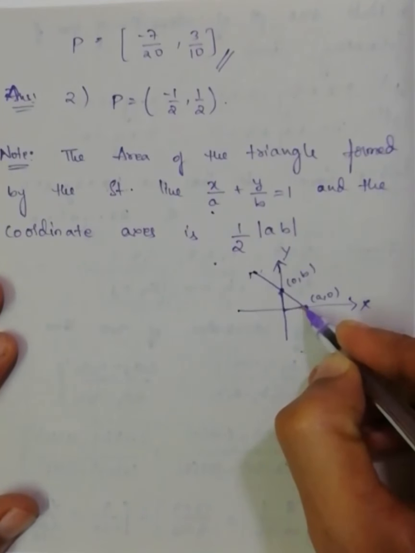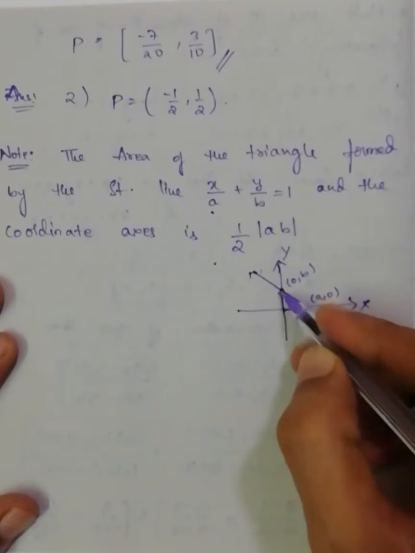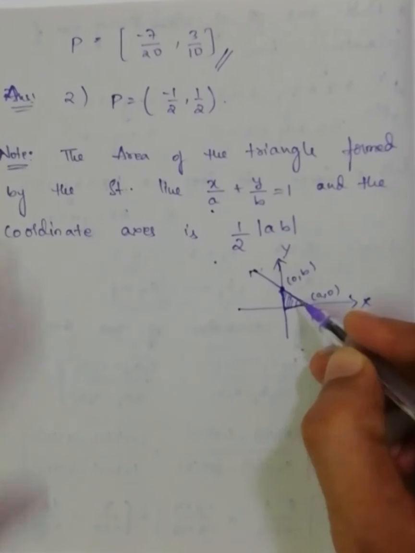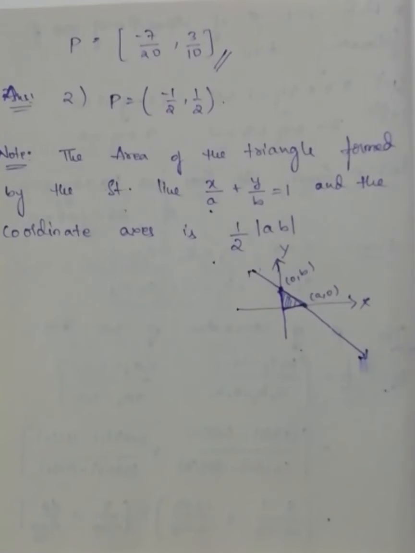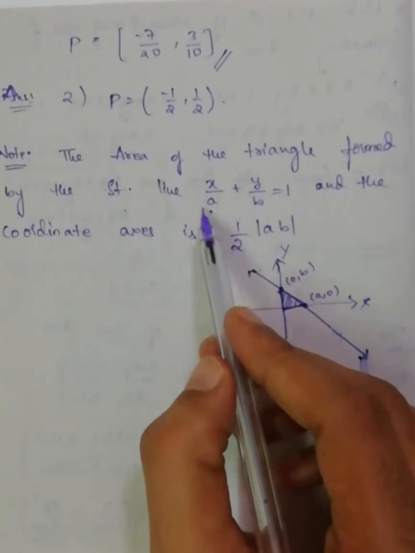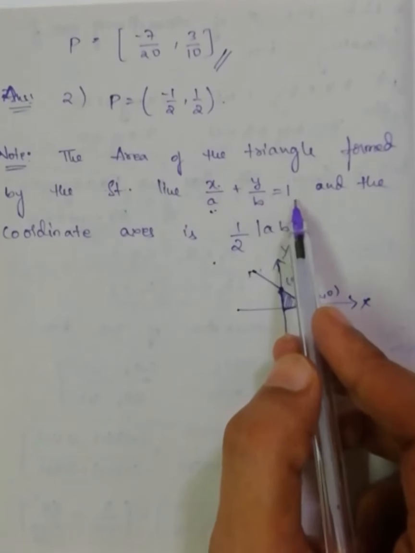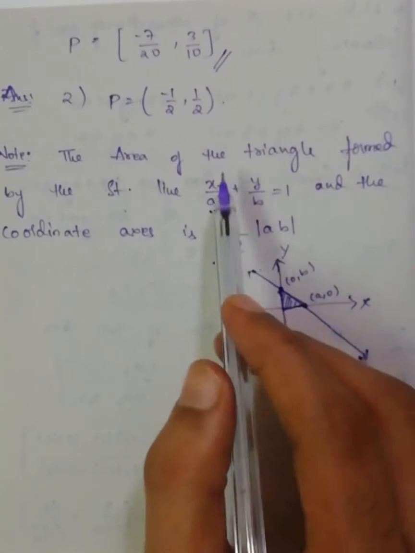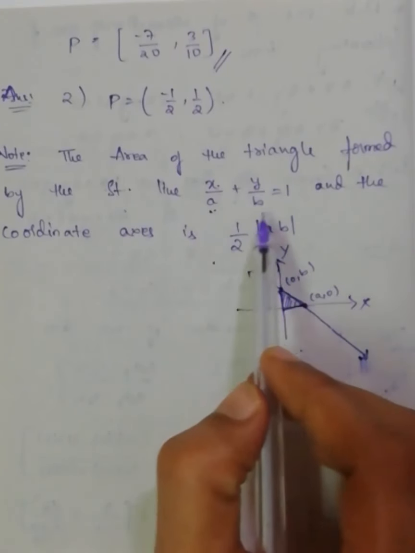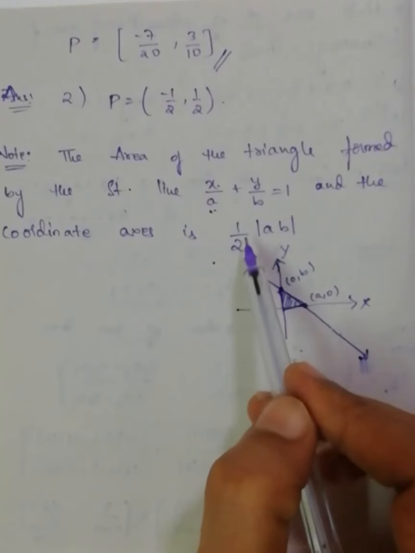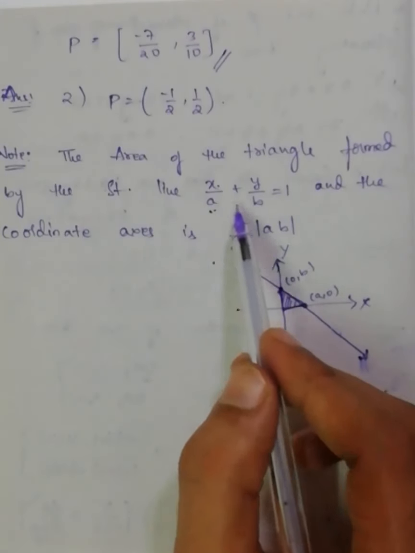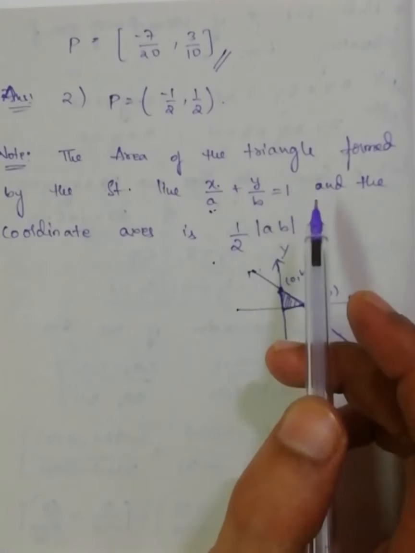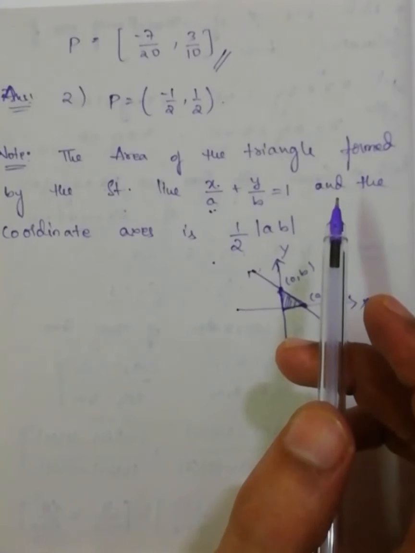Now the area of the triangle formed by the straight line and the coordinate axis, this is that area. If the equation is in the form of x by a plus y by b is equal to 1, the area of the triangle formed by this straight line and the coordinate axis is half modulus of a into b.